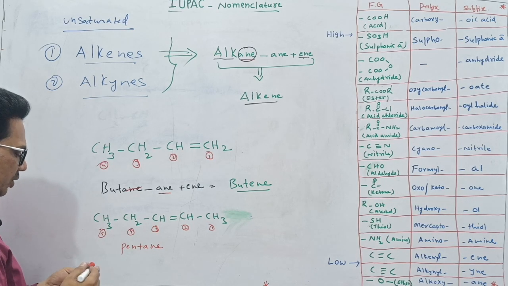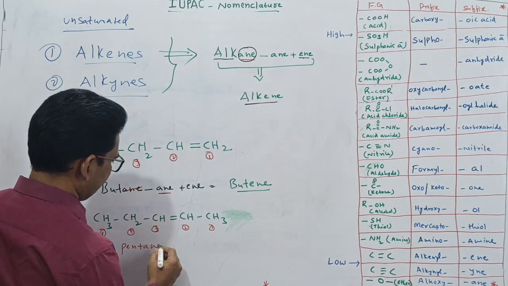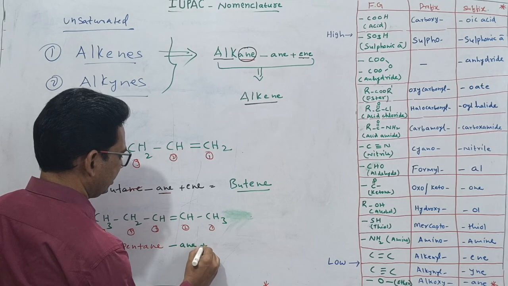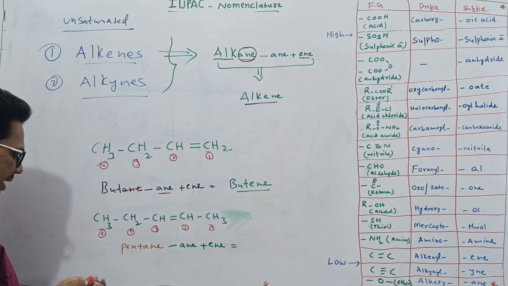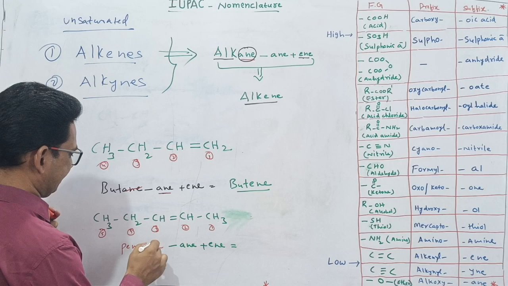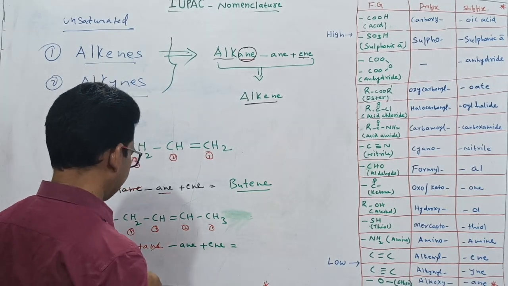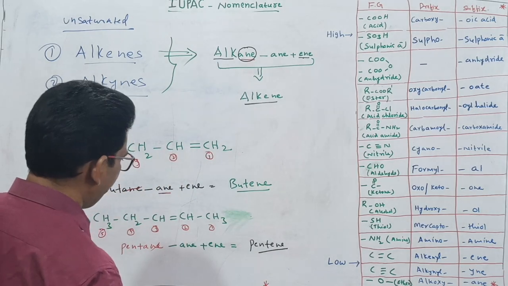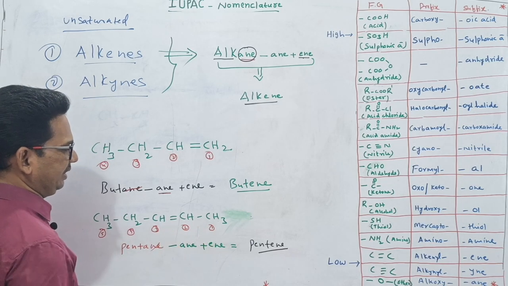Then what do we have to add for the double bond compound? What do we have to remove here? From pentane, minus ane plus ene. Removing this, what comes? Pentene. But here the double bond is not at the first position, it is at the second position.